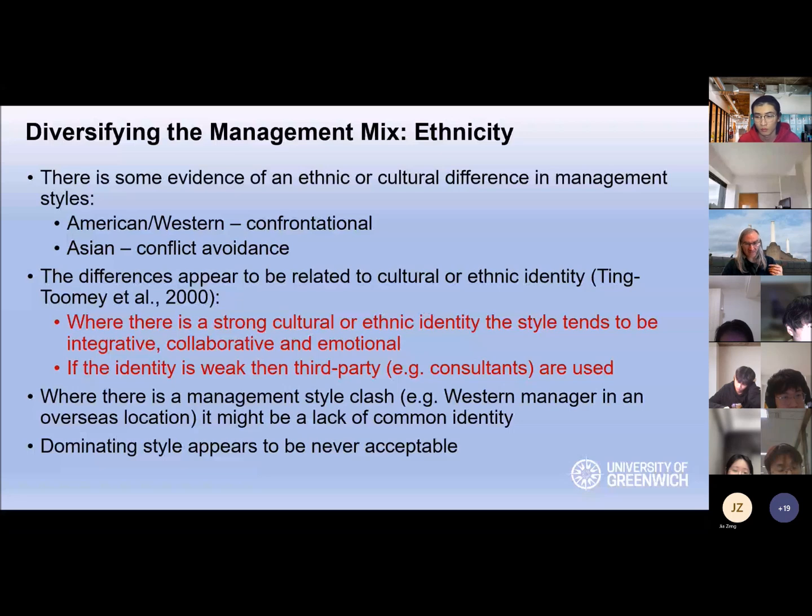It's about a foreign manager, or a manager who's not part of the culture, trying to manage a new culture. Yeah? And that's often when you bring in third party consultants if there's a problem with identity. So, okay. Oh yeah, and the final point is that this assertive confrontational style simply doesn't work.